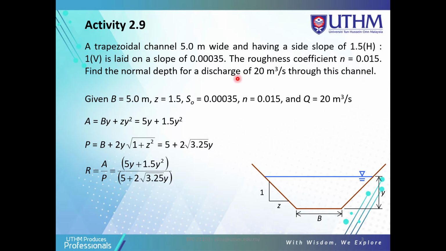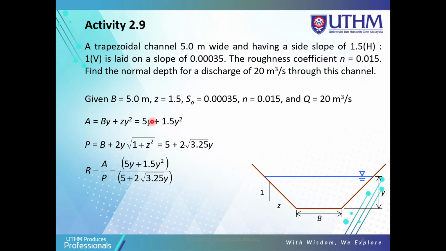So they give you the discharge. Given all the parameters here: b, Z equal to 1.5, S0 the bed slope 0.00035, and Q. You use the equations for a trapezoidal channel. A is equal to y times (b plus zy). We don't know the value of y, because we want to find the normal depth.